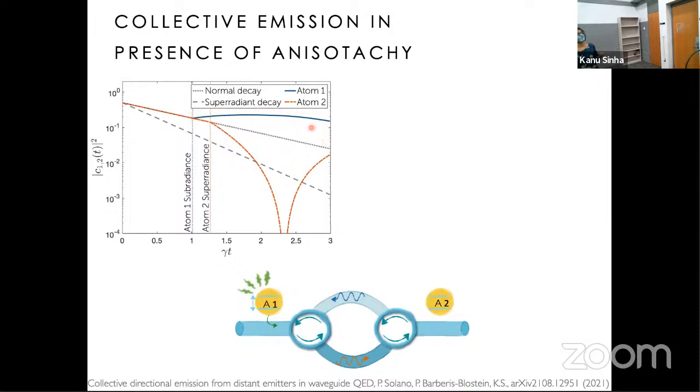It stops decaying, kind of. And the second atom, when it sees the first atom, it starts emitting faster. So this is interesting because what it shows is that not only can collective emission be not simultaneous, but it can be different depending on the local atom field correlations and phases of the interfering fields with the dipole.